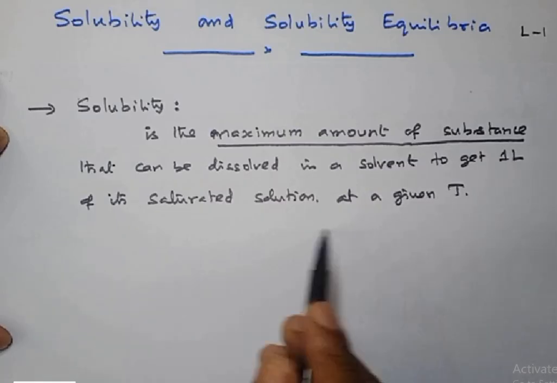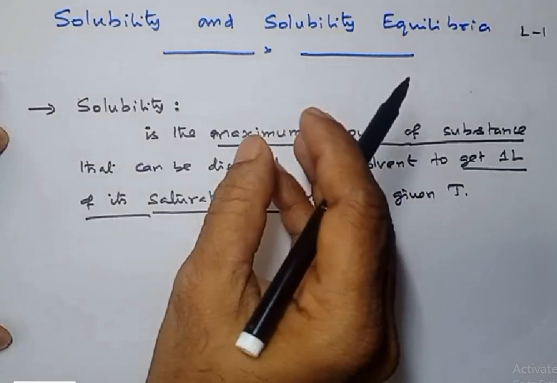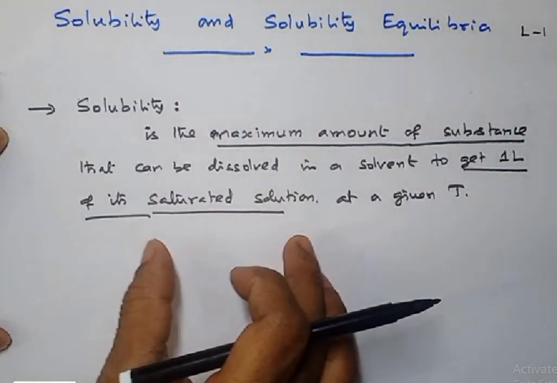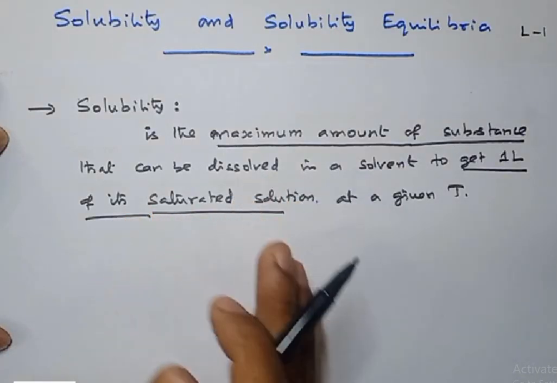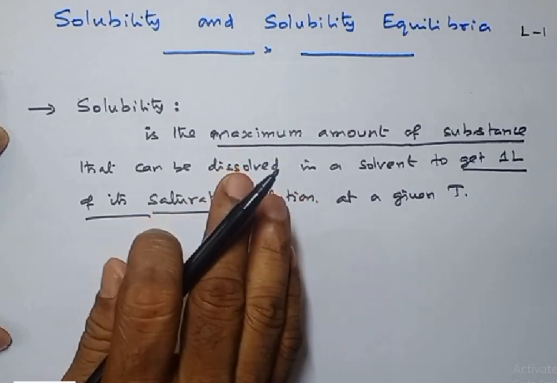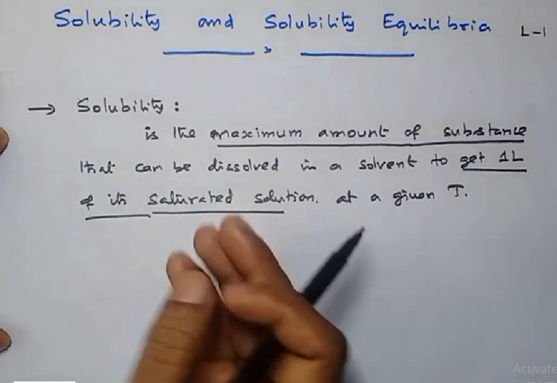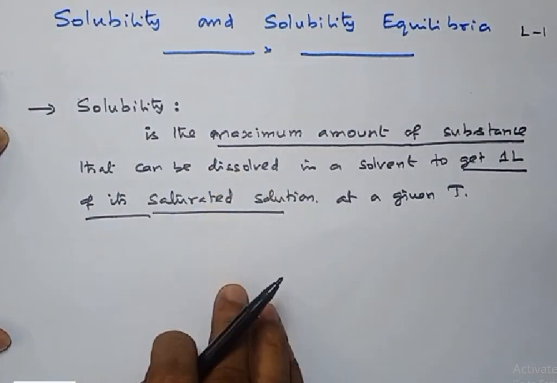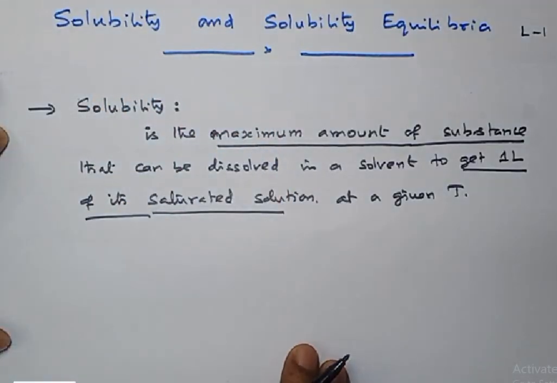Okay, listen. So to get 1 liter of saturated solution, how much substance can we dissolve? You know very well, a saturated solution is one in which the amount of substance is dissolved to the maximum extent. You cannot add a little more, because if you add a little more, the substance will simply settle down because it's saturated.